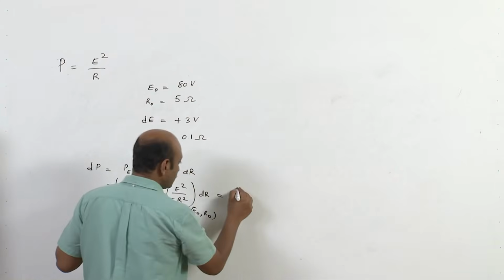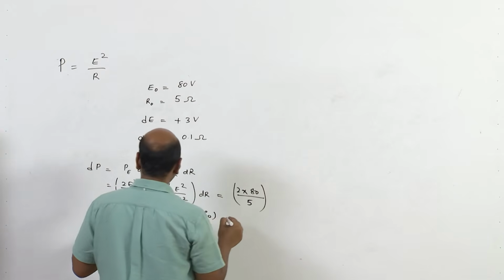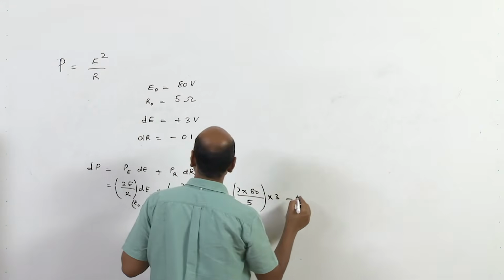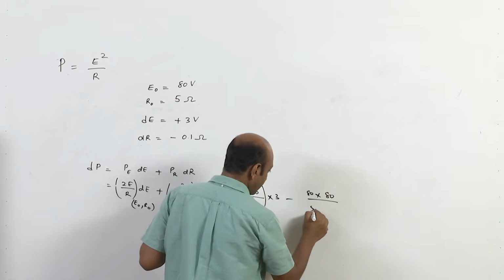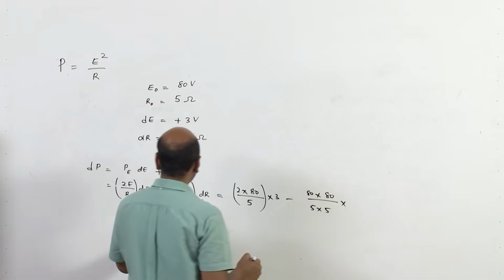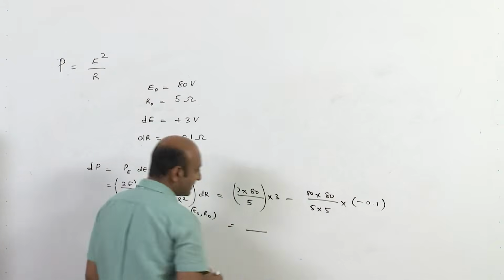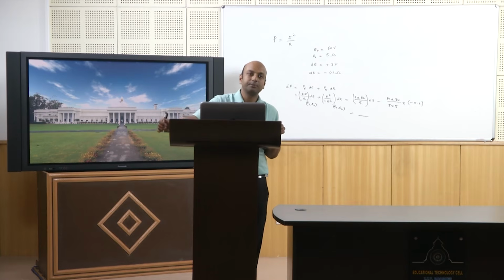E naught is 80. So, it is 2 into 80 upon 5, dE is 3, minus 80 into 80 upon 5 into 5, and dR is minus 0.1. So, we can simplify this and find out the corresponding change in the power consumption. Similarly, we can solve the next problem, which is given in the electrical circuit.